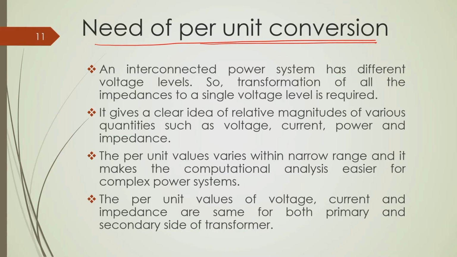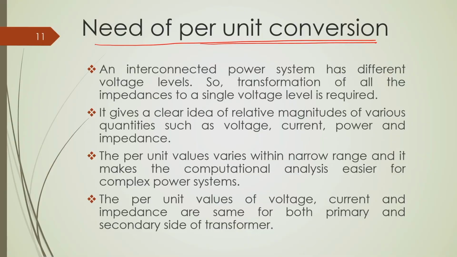This is followed not only for this particular load flow approach; it is applicable for any type of load flow or power flow approach, whether it is Newton-Raphson, Gauss-Seidel or fast decoupled. Why do we use per unit conversion? Because it also gives the relative magnitude of various quantities. Per unit means we bring down the quantities to between 0 and 1.